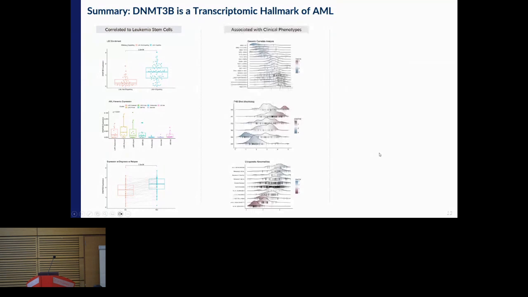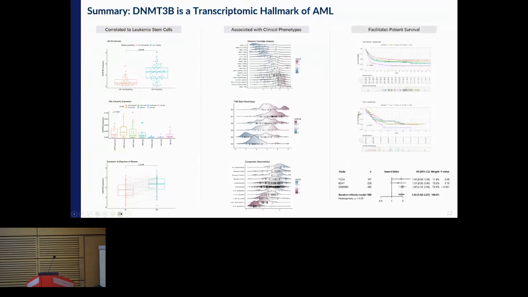We were able to associate it with very clear phenotypes at the genomic, the cytogenetic, and the morphological level. And we were also able to see how it facilitates or is predictive of overall patient survival. This is all analysis that I showed on the previous slide, and that we can quickly regenerate for any gene that a researcher is interested in, in the context of acute myeloid leukemia.